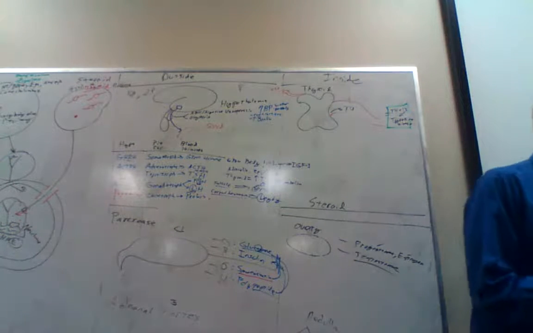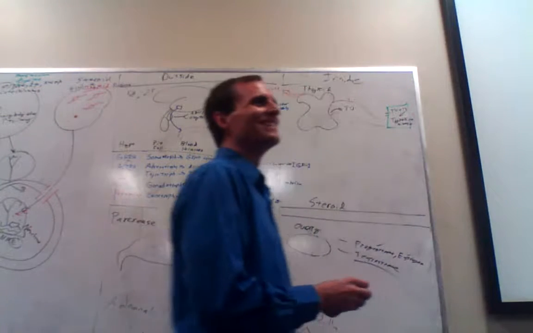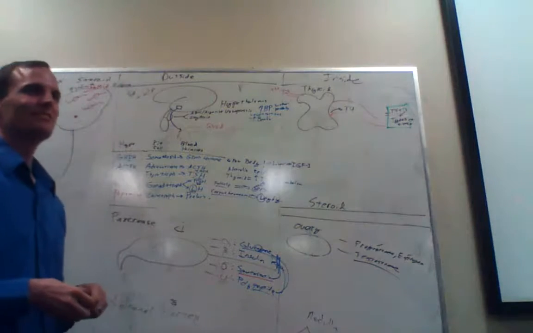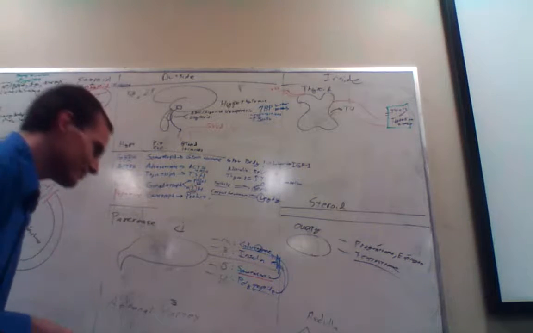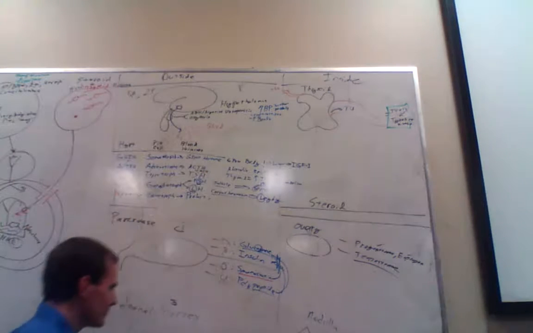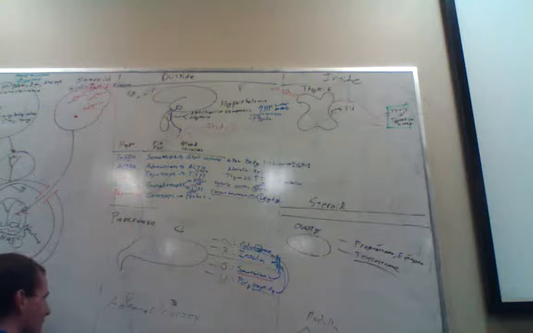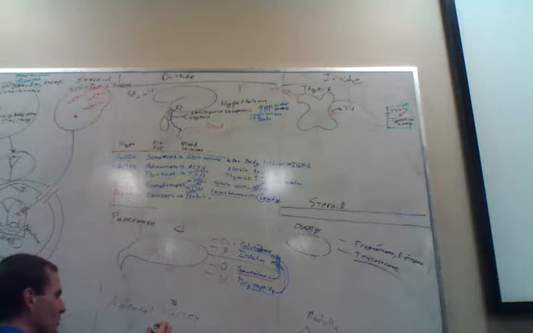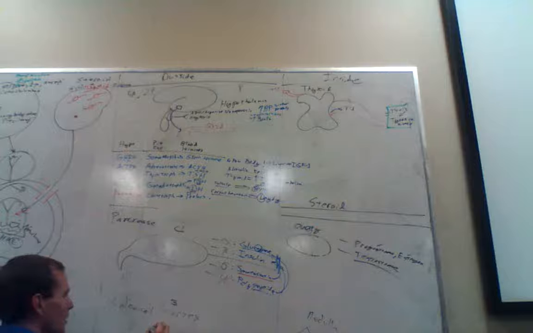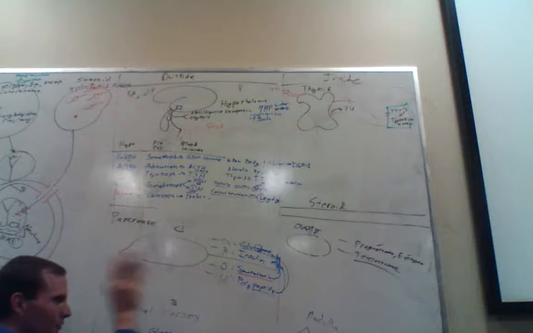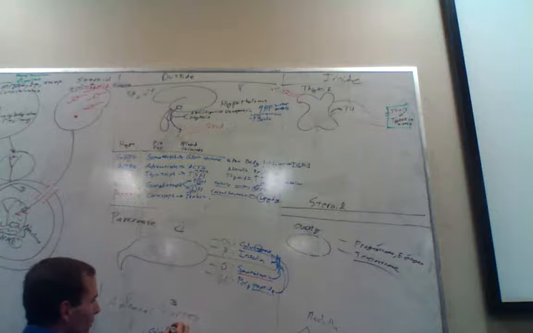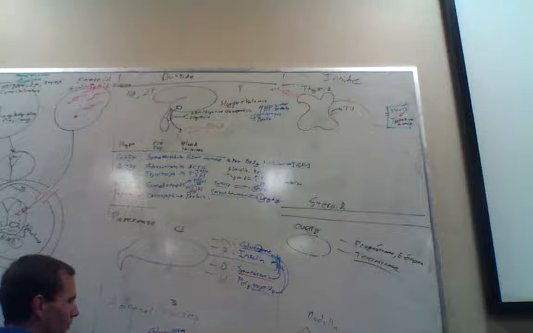Anyway, adrenal cortex hormone, she has a slide for that, where she has called the zona glomerulosa, zona fasciculata, and zona reticularis. The zona glomerulosa, correct me if I'm wrong, is the mineralocorticoids.